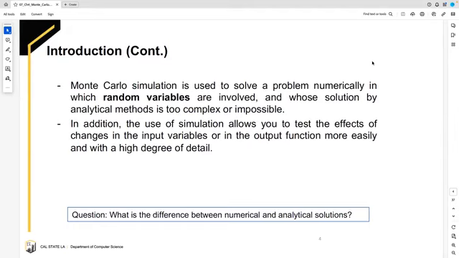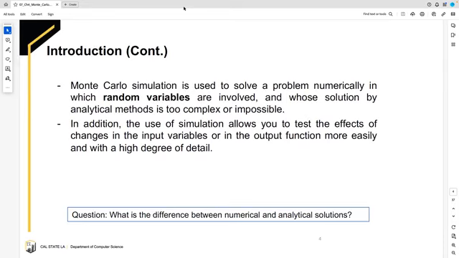Does anyone know what is the difference between numerical and analytical solutions? Either here in the classroom or in the Zoom meeting, you can type or unmute yourself. Any ideas? You can explain it, for example, in an example.